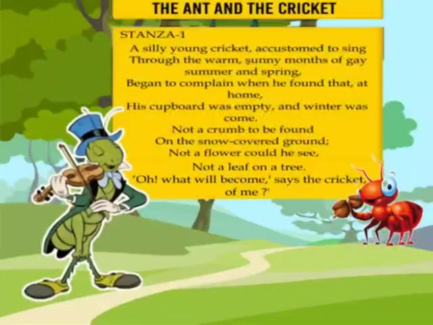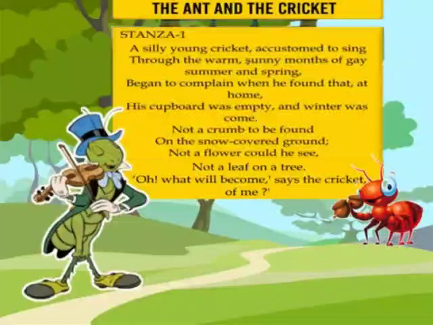In this stanza, the poet tells us that the cricket loved to sing. The poet calls him young and silly because he was singing all throughout the summer and spring without any worries about the world. All he could do was sing.